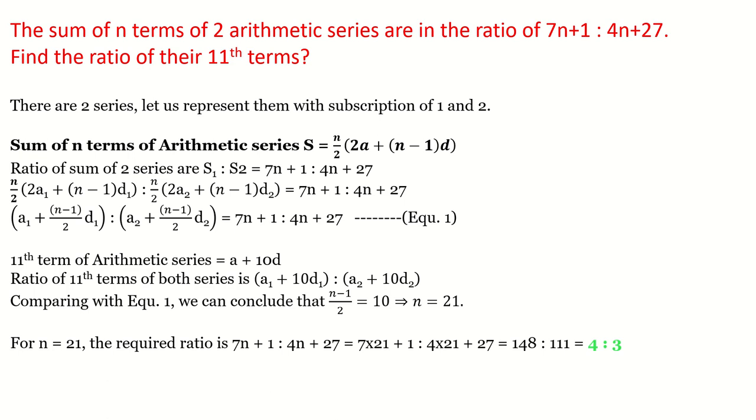That's what you have to calculate. If you put n equal to 21, equation 1 becomes the ratio of their 11th terms. So 7 into 21 plus 1 ratio 4 into 21 plus 27, which is 148 to 111, which is 4 to 3.